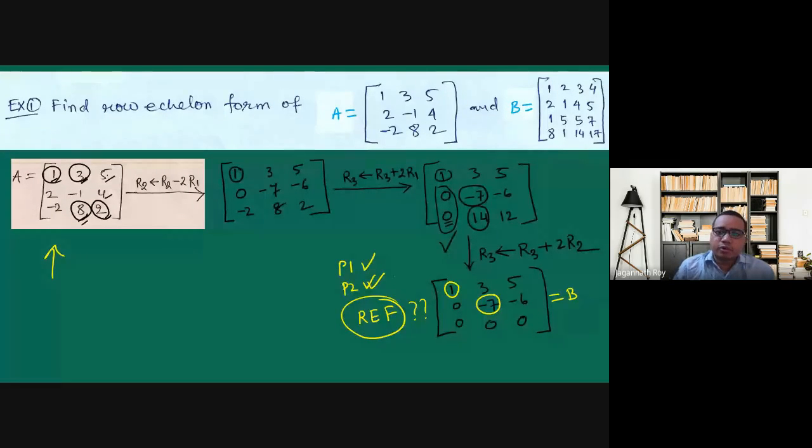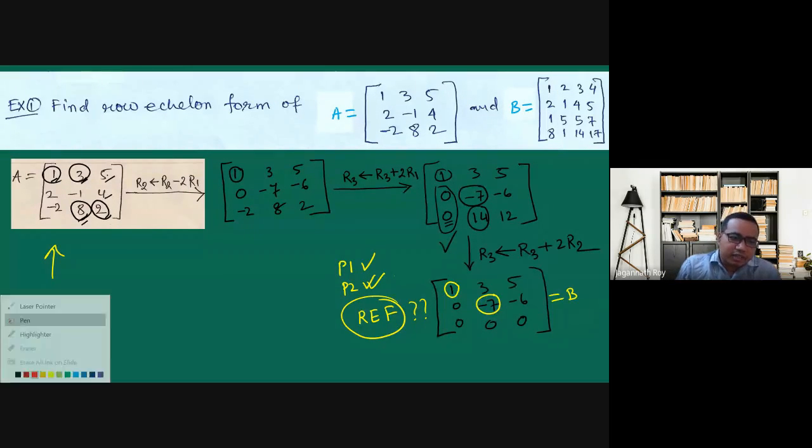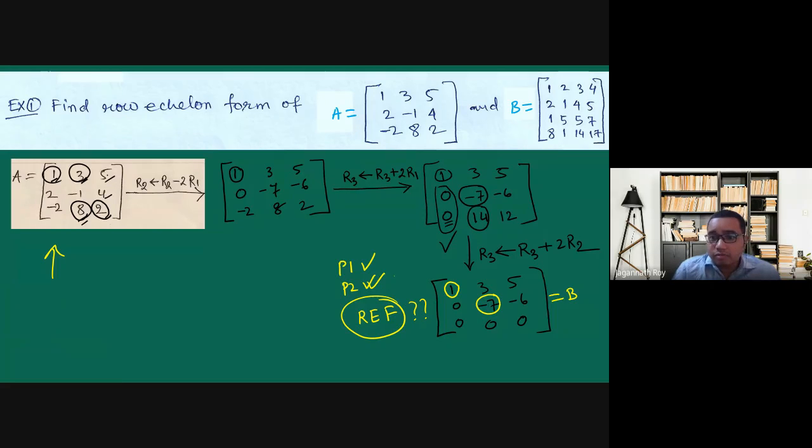Now, if you look at this row echelon form, if you take this determinant, what will happen? One row is 0, so the determinant will be 0. So it implies linearly dependent.